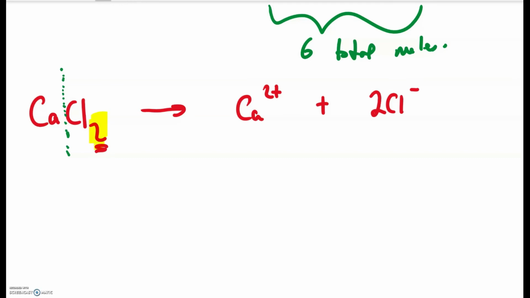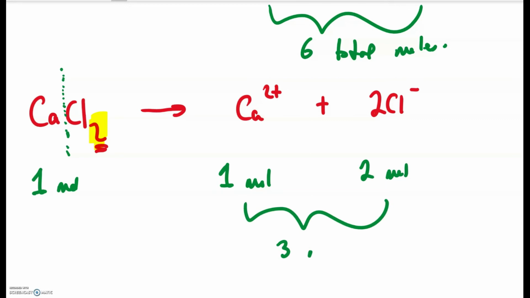So we're going to put a 2 next to that chloride, because that means that if 1 mole of calcium chloride were to dissociate, we would get 1 mole of calcium because there's 1 atom per molecule. But we'd get 2 moles of chlorine for a total of 3 moles total.